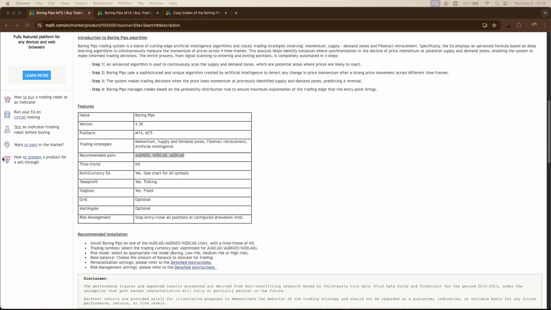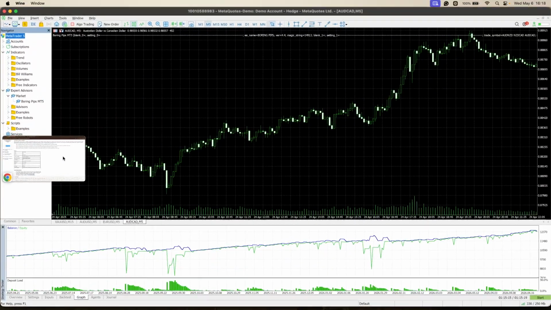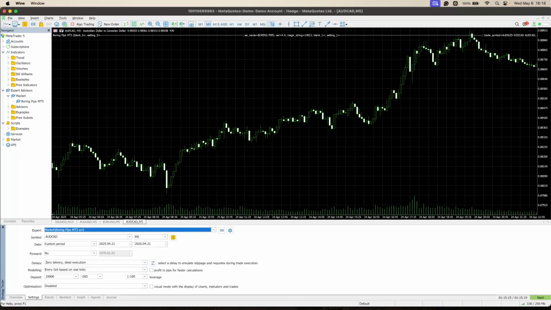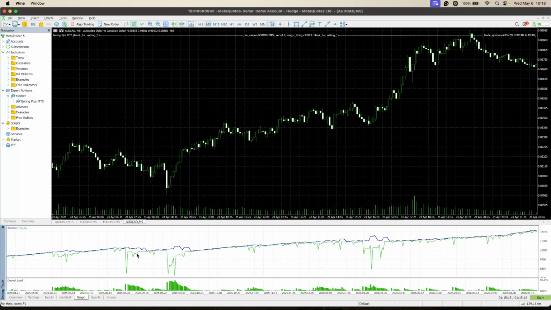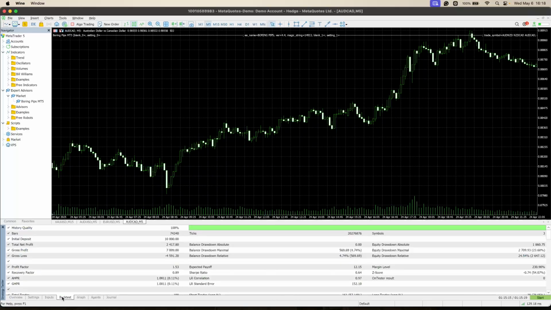I had the opportunity to backtest this expert advisor myself on MT5. I tested it on AUD/CAD from April 2025 to April 2026 with a $10,000 deposit, and the equity curve is mostly a nice steady upward grind with some healthy pullbacks here and there. It finished around 2,417 USD profit.